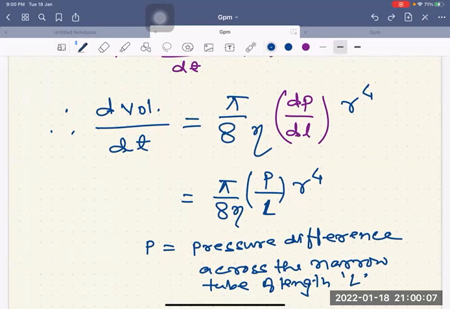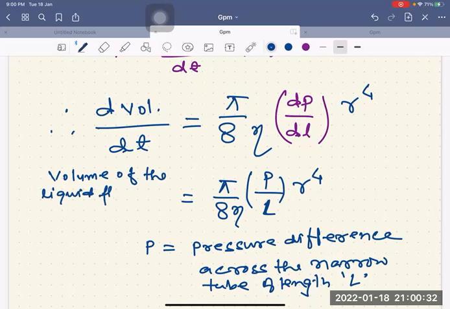It is the volume of the liquid flowing per unit time.